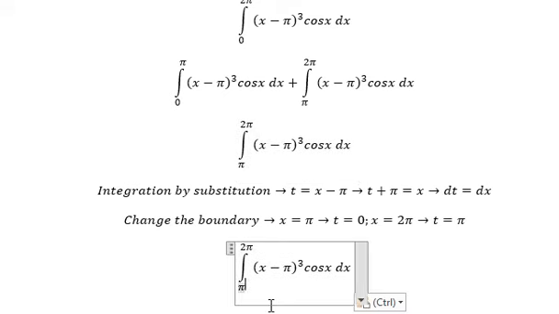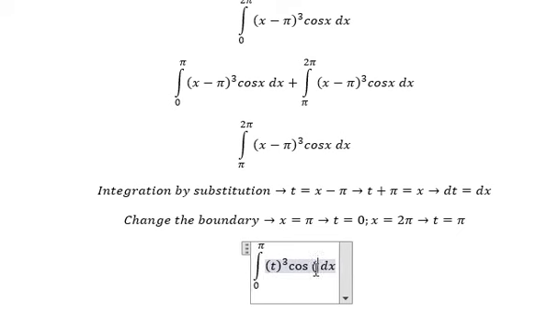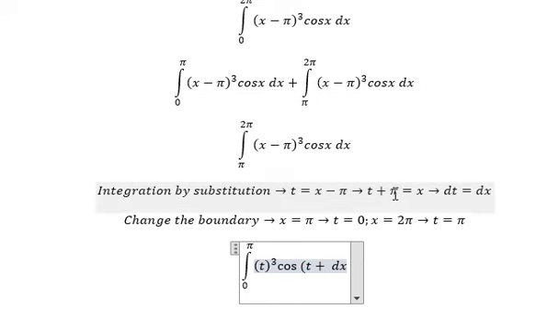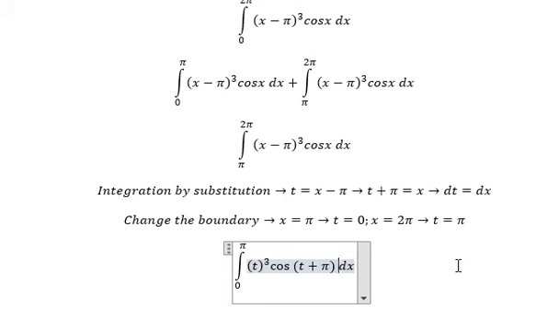So this one we change for 0, 2b we change for b. This one we change for t. Cosine s we change for cosine of t plus b. ds we change for dt.